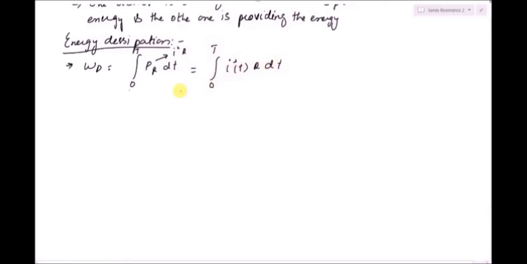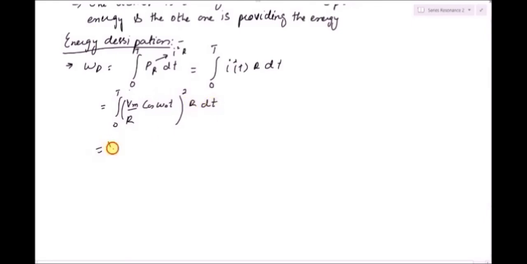We know the formula for i square that we derived at the start of the lecture. So it is integral from 0 to T, and the value of current is Vm over R cos omega naught t, square, R dt.